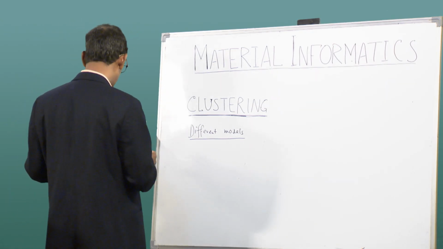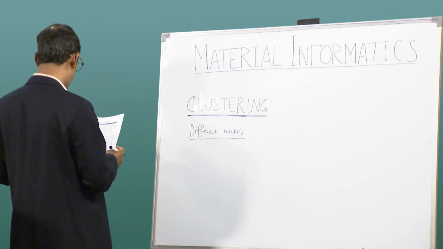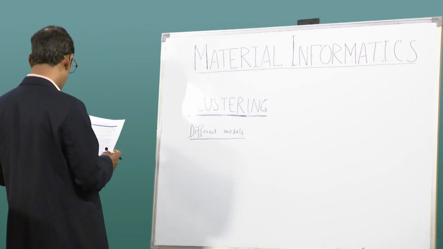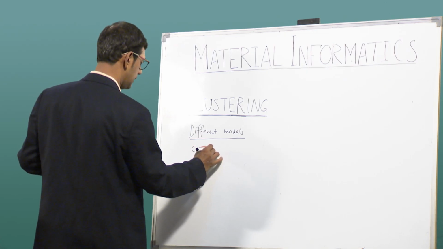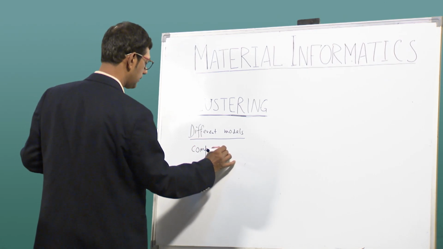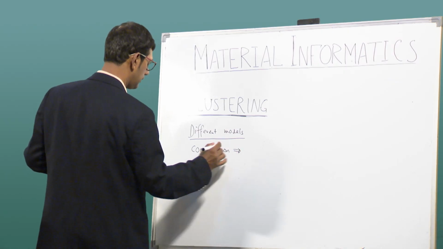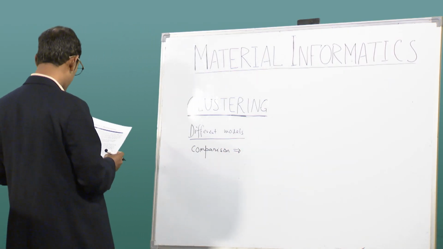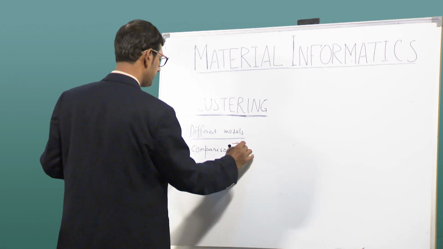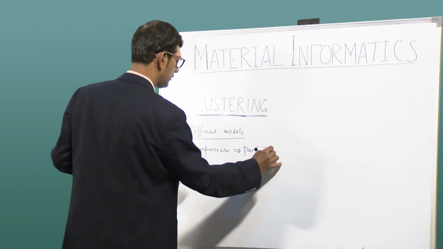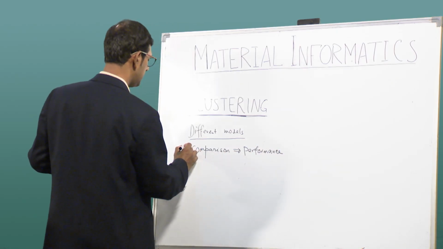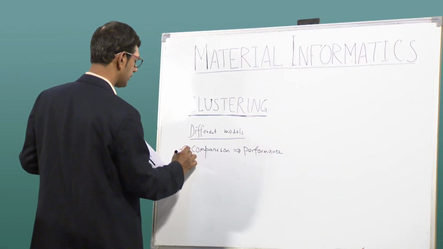But how do you know which one is going to be your best model? To find that out, you compare them, compare based on the performance of the models. So, this is step 1.